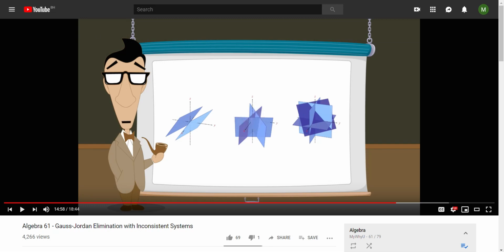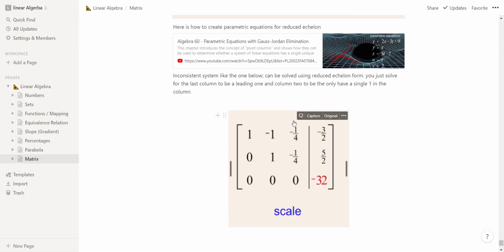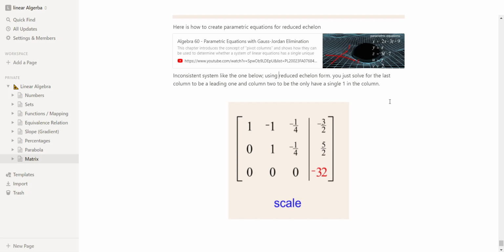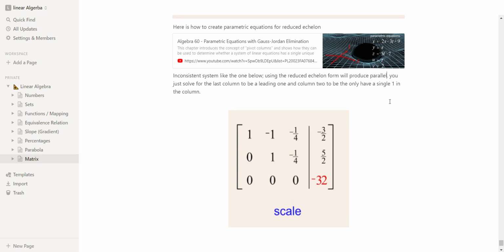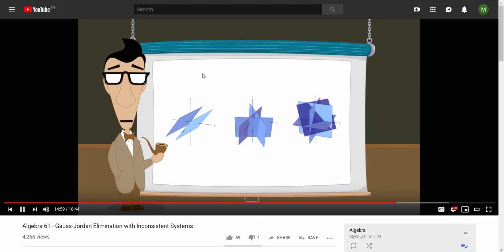One quick example will show how this happens.